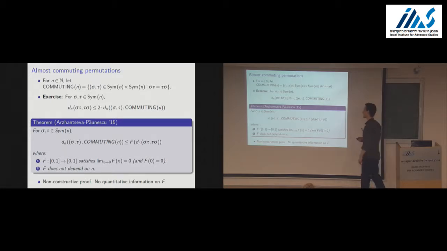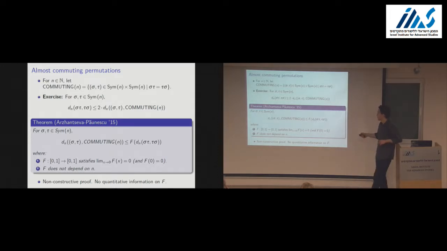But the interesting thing is that there is also a theorem in the other direction. So this is a result of Arzhantseva and Paunescu that says that if I have permutations sigma and tau such that the distance between sigma tau and tau sigma is very small, then they're actually close to the space of commuting permutations.